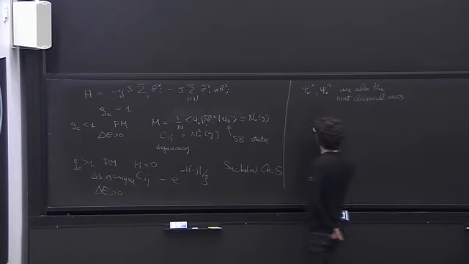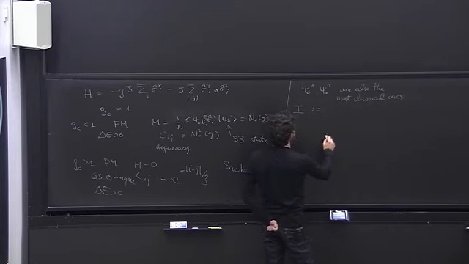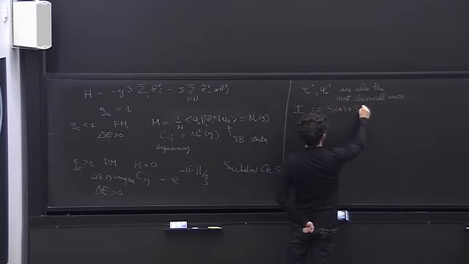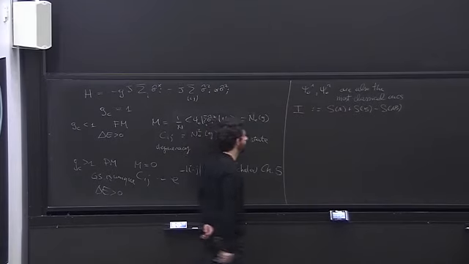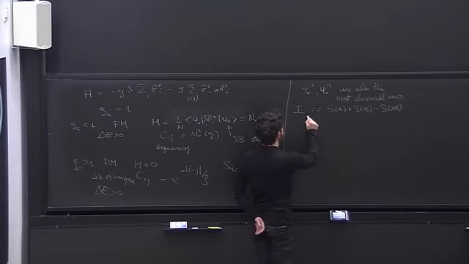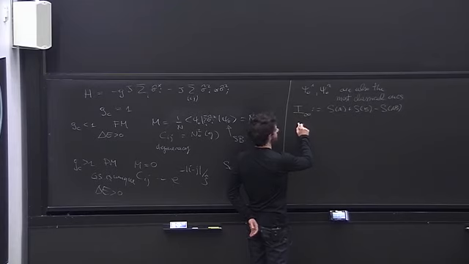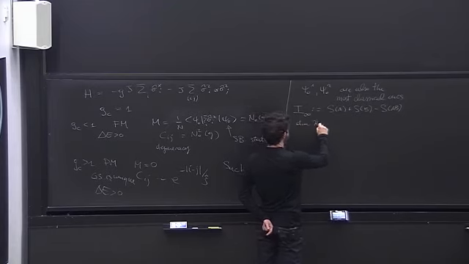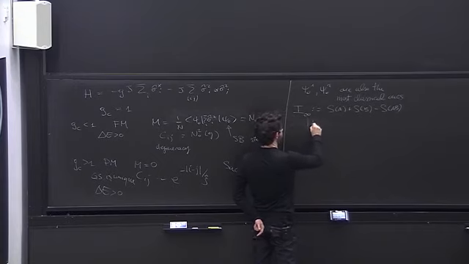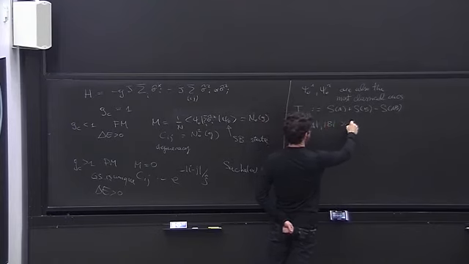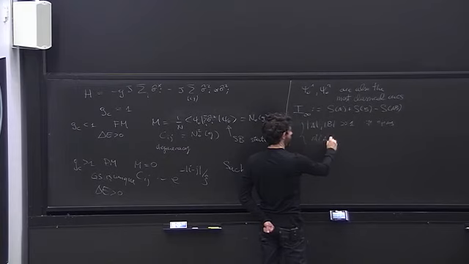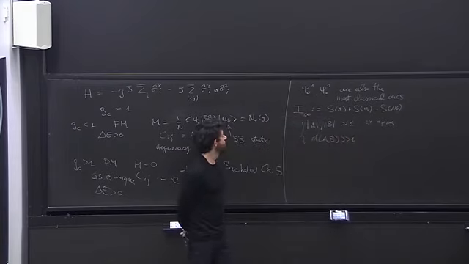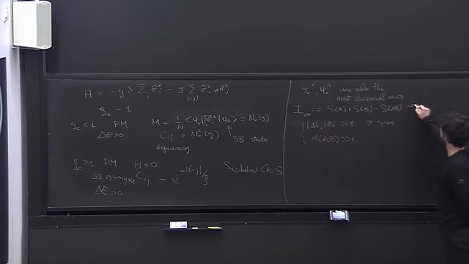In the sense that this quantity, the mutual information that is defined as S_A plus S_B minus S_AB, where A and B are two subsets of spins, this quantity for macroscopic regions, so let me use this notation, this means that the number of spins in A and the number of spins in B is much greater than 1, and that the graph distance between A and B also is much larger than 1, so that this thing in this limit goes to 0. In this sense, they're more classical.